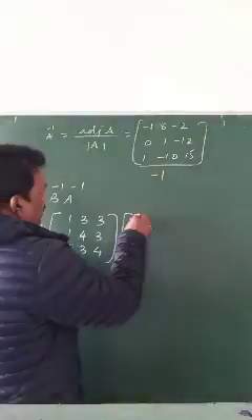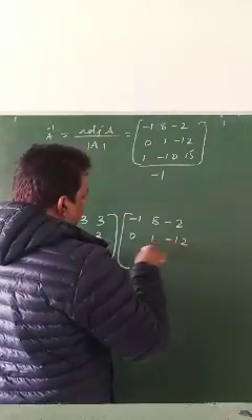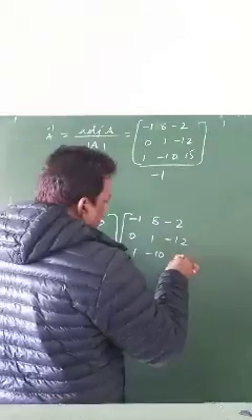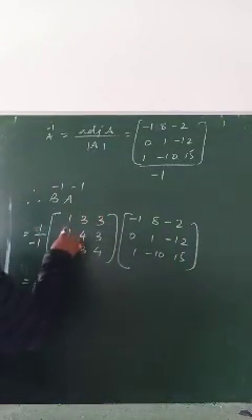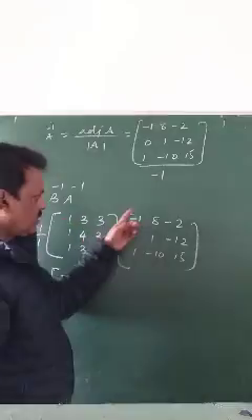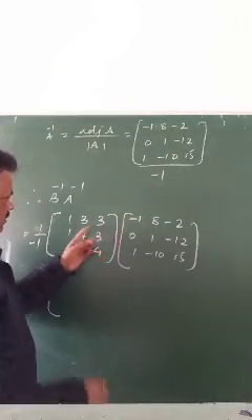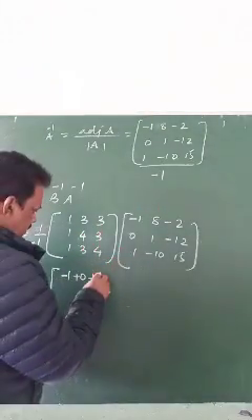So it is -1, 8, -2, 0, 1, minus 12, 1, minus 10, 15. Minus of 1 into -1, -1. Row column, 3 into 0, 0. 3 into 1, 3.